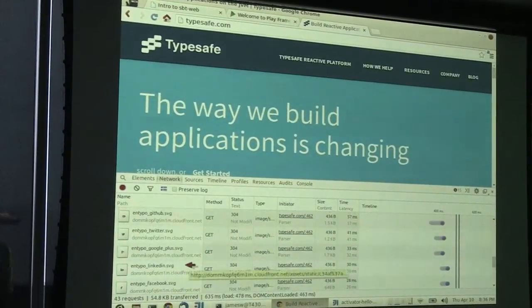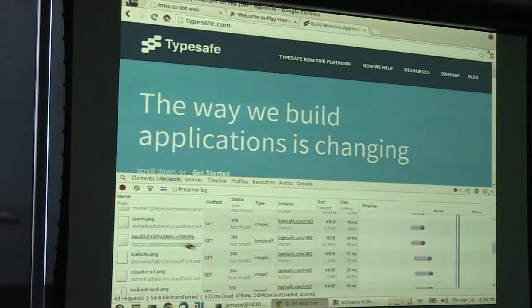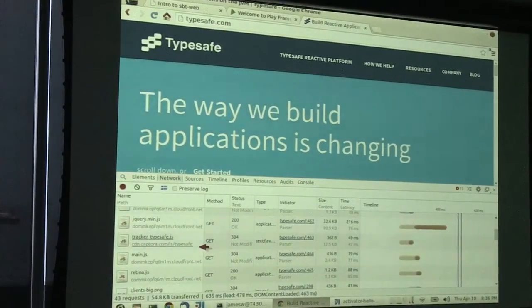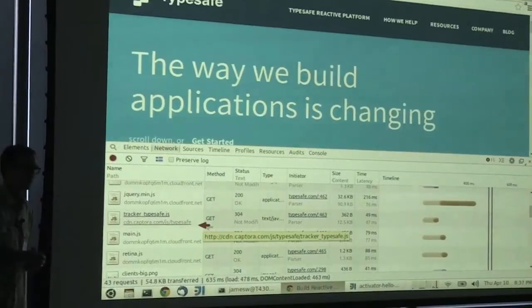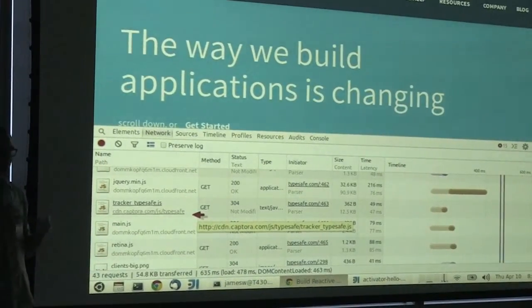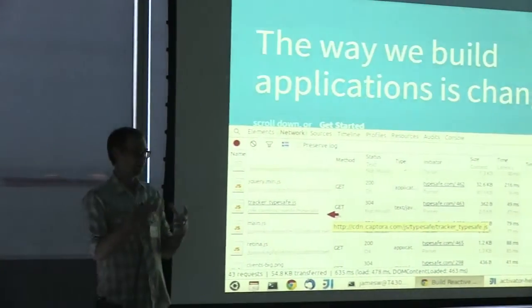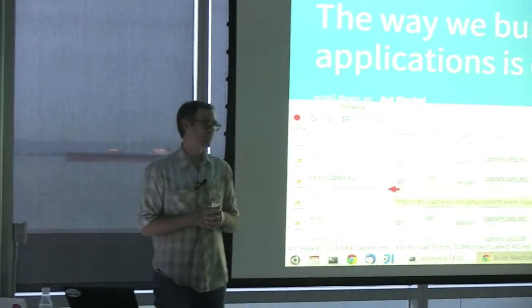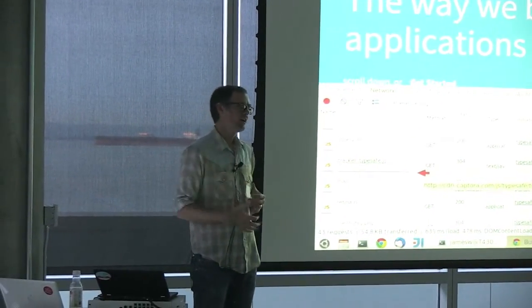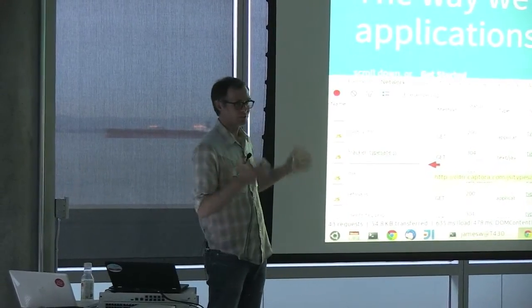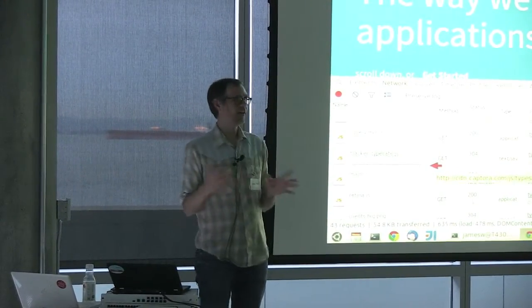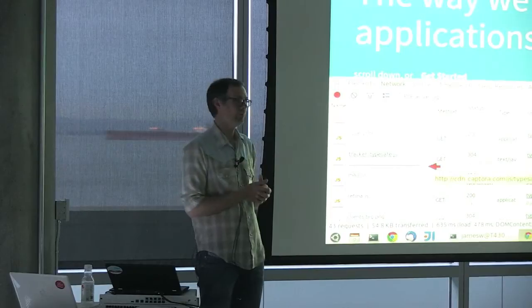Interesting. OK, so what we do on typesafe.com is, when Rich and I are developing typesafe.com locally, we're using webjars, and all of our static assets are being served out of the local Play application. So my jQuery, all of my images, everything is being served out of my local Play application.